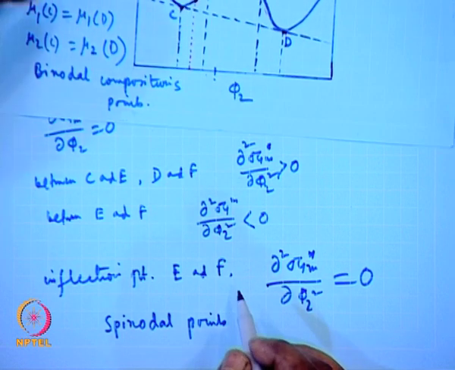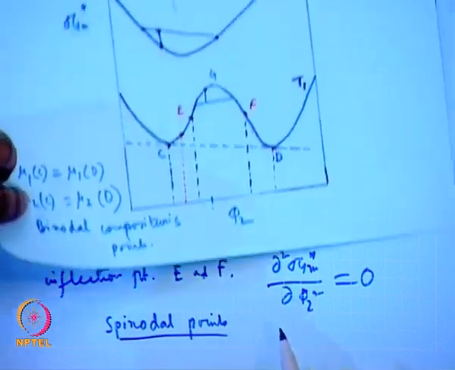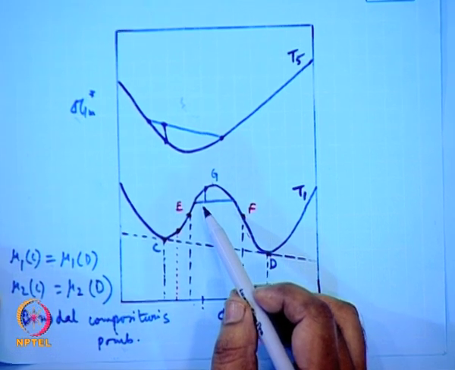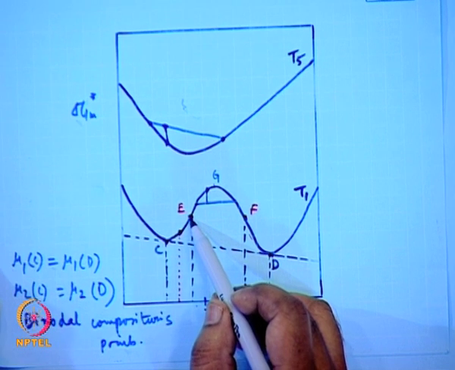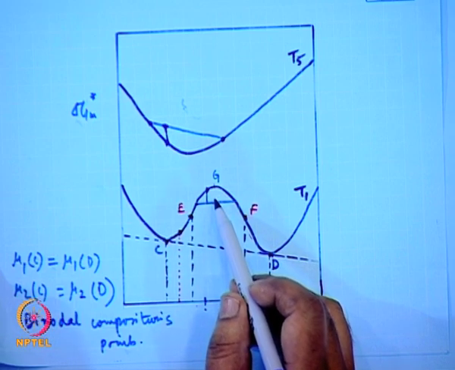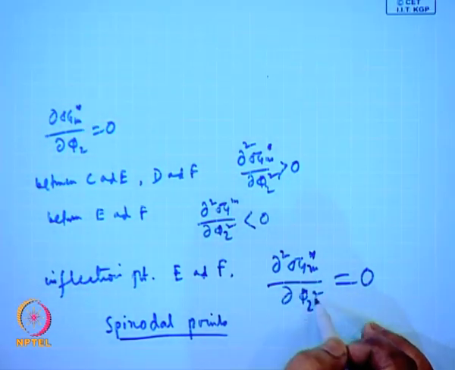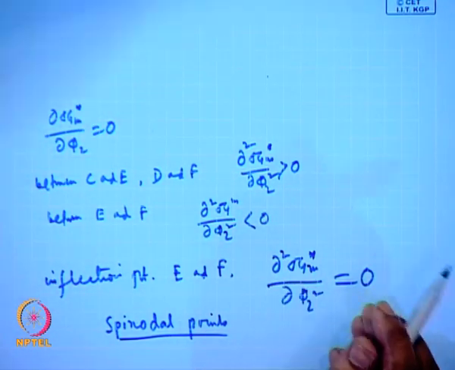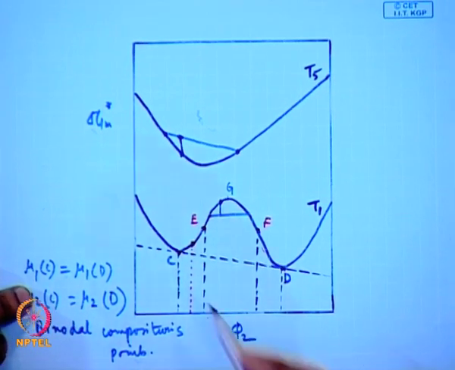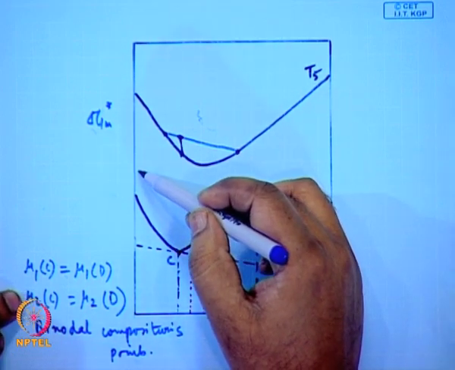Basically, it is the boundary between the metastable and the unstable compositions, and this is given by this expression. Now, as I was telling a little earlier, now you can draw similar lines, like let me try.